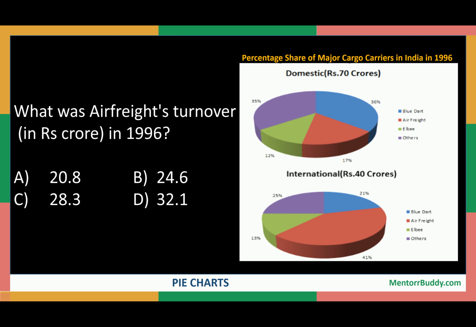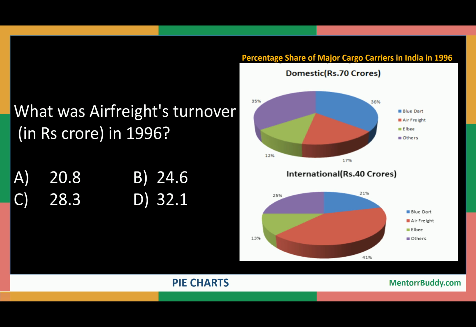The representation is given as blue dot, air freight, LB, others. Blue dot is blue, air freight is red, LB is green, and others are purple. You can easily identify how the percentage share is given, and the total turnover is given as 70 crore domestic and 40 crore international.